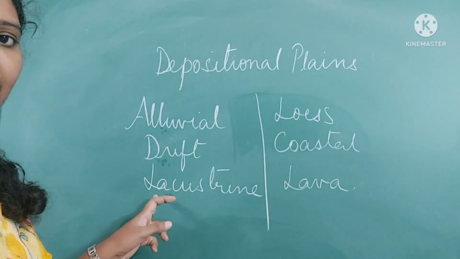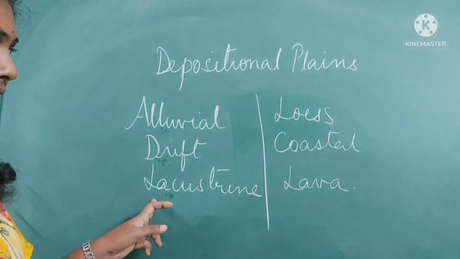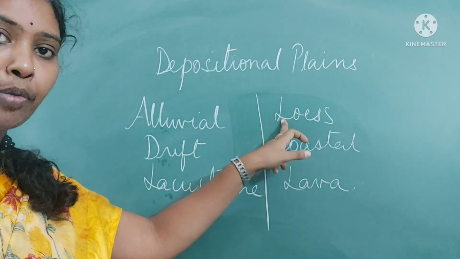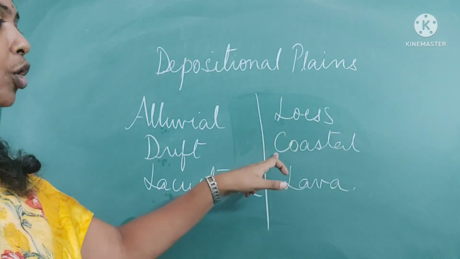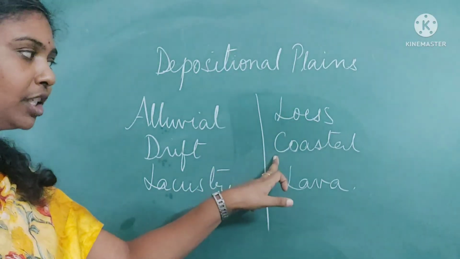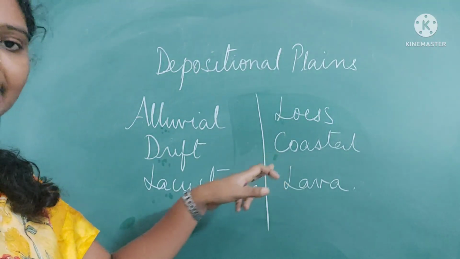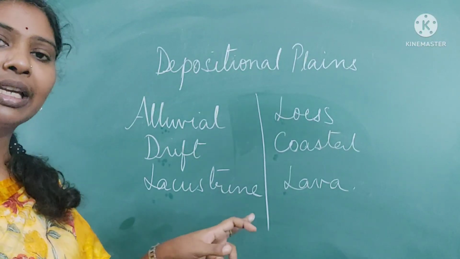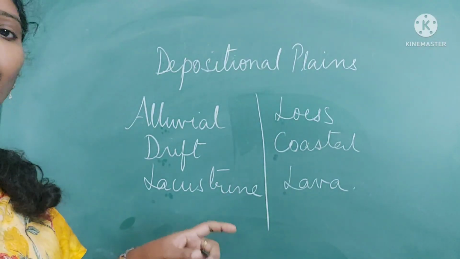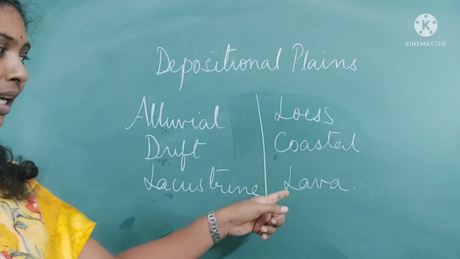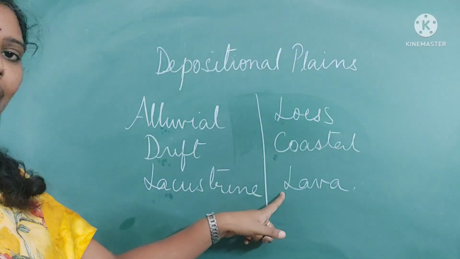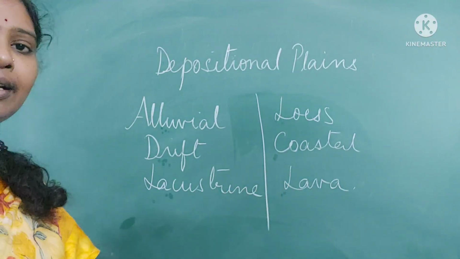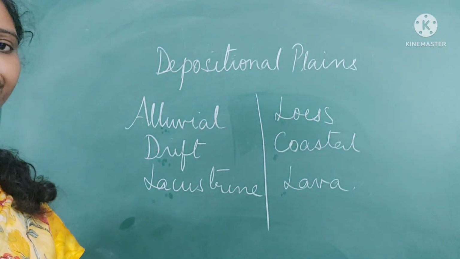Loess plains: the depositional work is done with the help of wind. Right? Coastal plains: the depositional work is done with the help of sea waves. Right? Lava plains: the depositional work is done with the help of volcanoes. The Deccan Plateau is the best example of a lava plateau, also known as a basalt plateau.